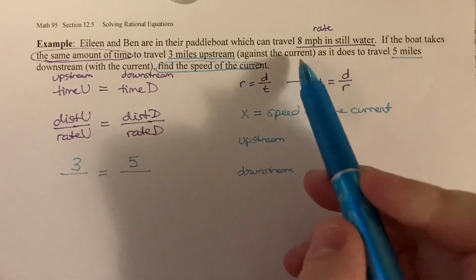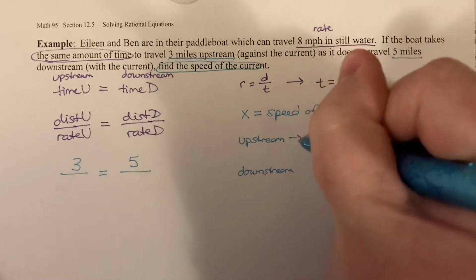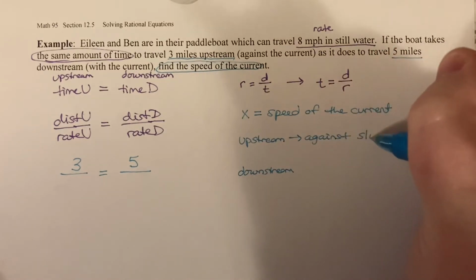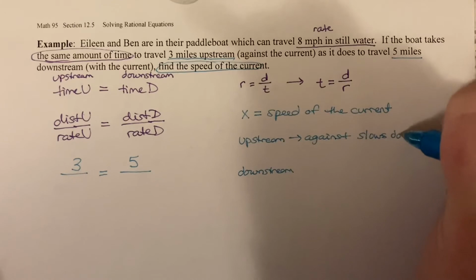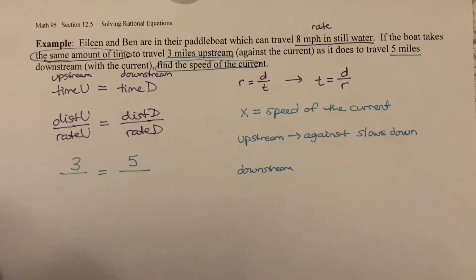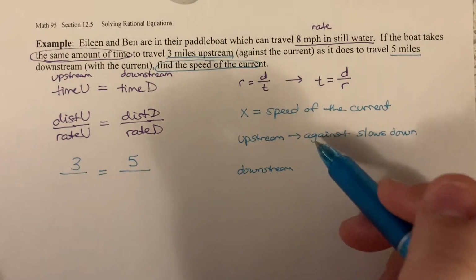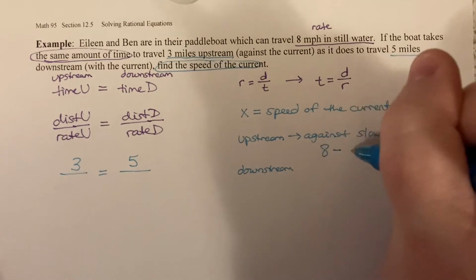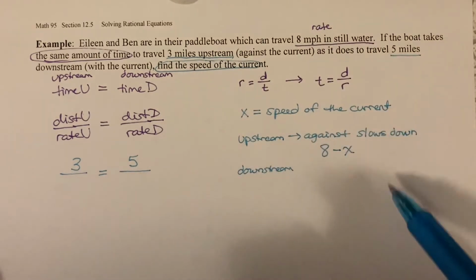Upstream, we're going against the current, and that's going to slow us down instead of speed us up. So it's going to take the rate of 8 and subtract whatever the current is.